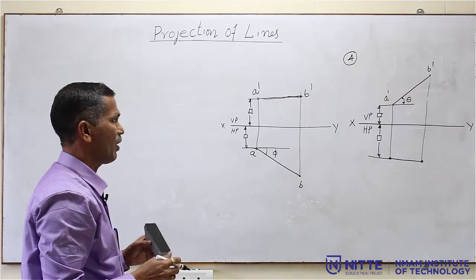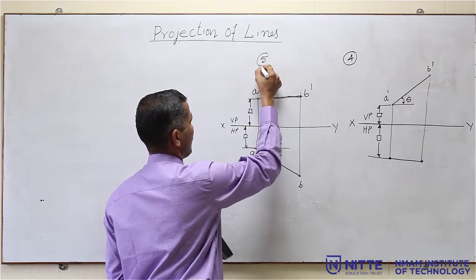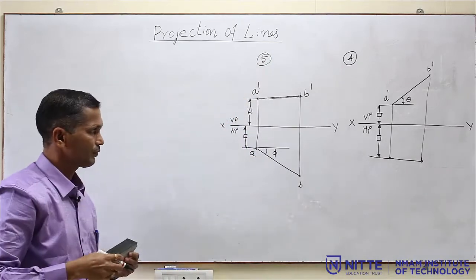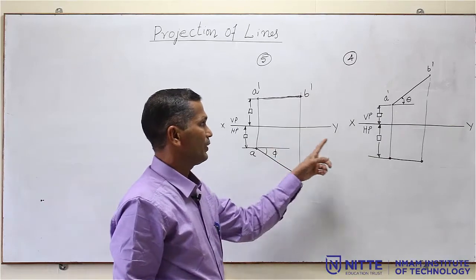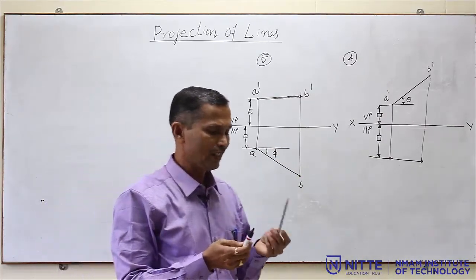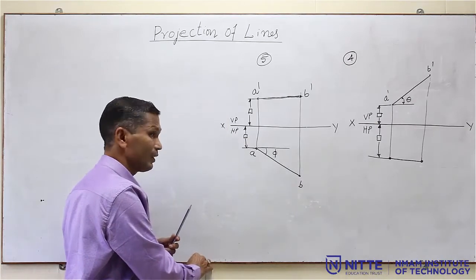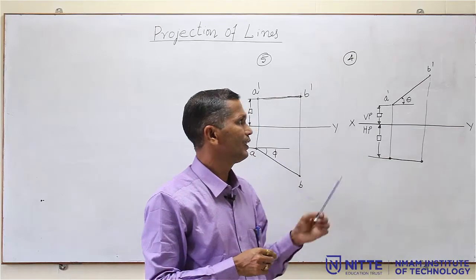So, this is the front view and top view of condition number 5. Now, you can compare these two. The given line is this one. What is the length of this line? 100 millimeter.